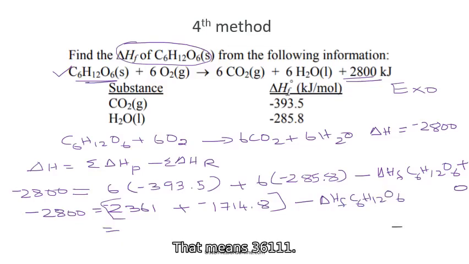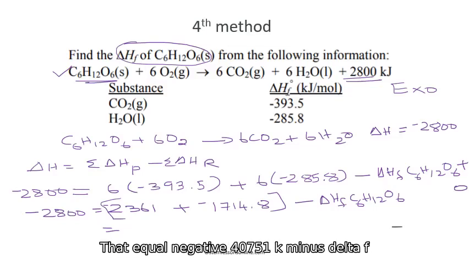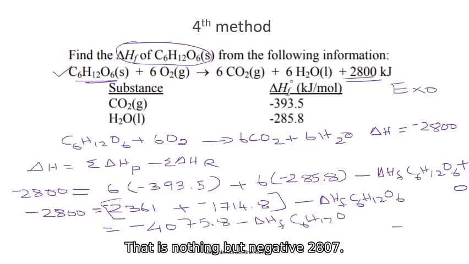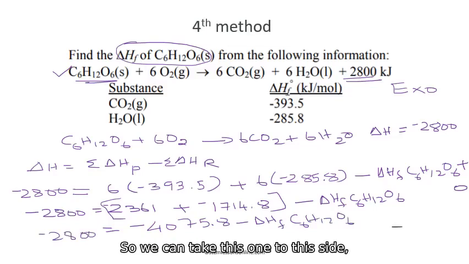All right, now we will just add this together, and that means 2361 plus 1714.8 equals negative 4075.8 minus delta HF of glucose. That is nothing but negative 2800. So we can take this one to this side, this one to this side.